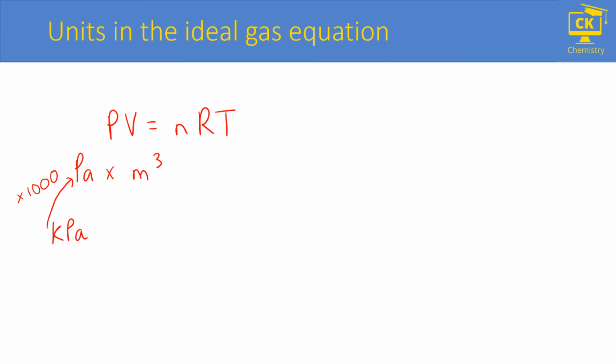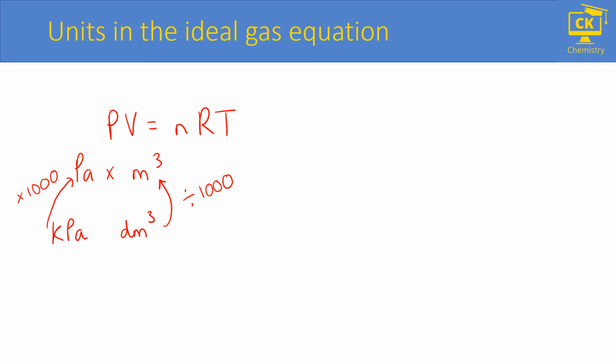But commonly, not all the time, but commonly, the units for decimeter cubed are what we use for measuring gas volumes, or certainly the volumes of containers, for example, that a gas is occupying. And to get from decimeter cubed to meters cubed, I'm going to divide by 1,000.